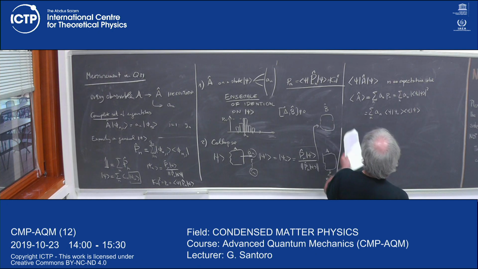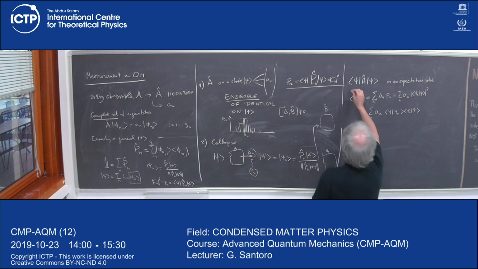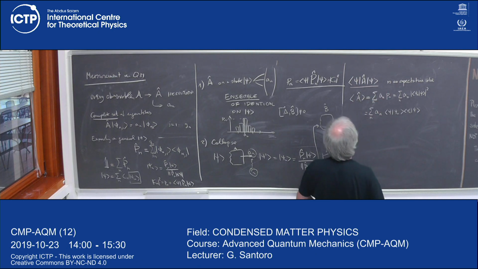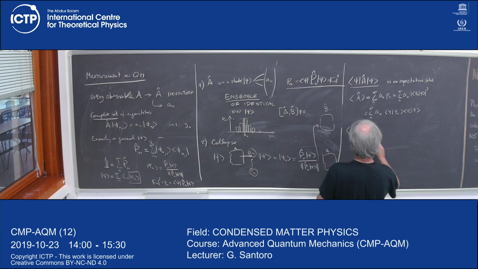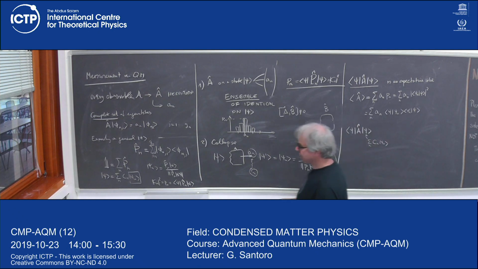Very good. This is the expression here. Let us look at this expression here. Okay? So I write ⟨psi|A|psi⟩. I express this object as the sum over n of the coefficient Cn times the projector |psi n⟩.